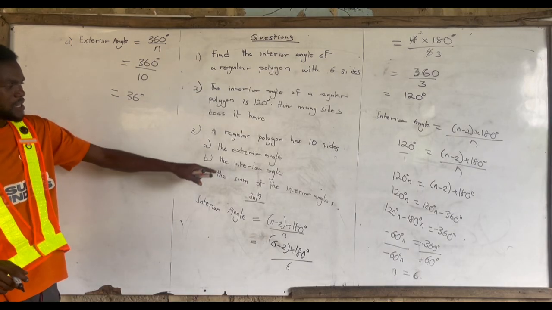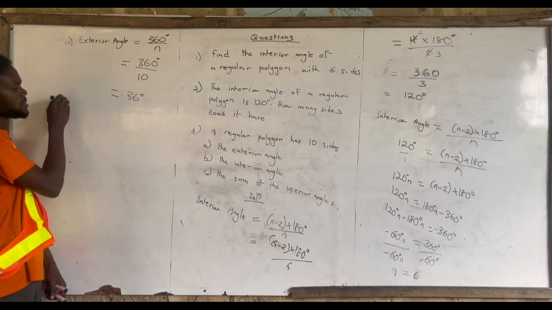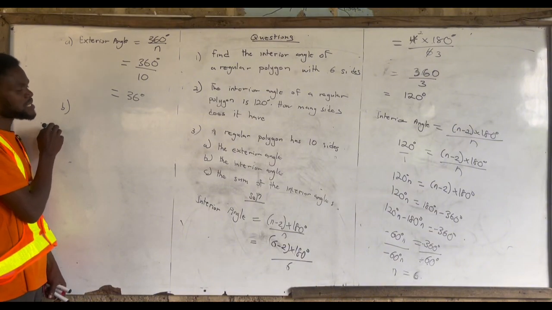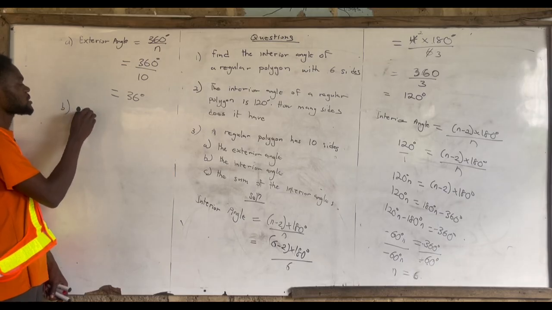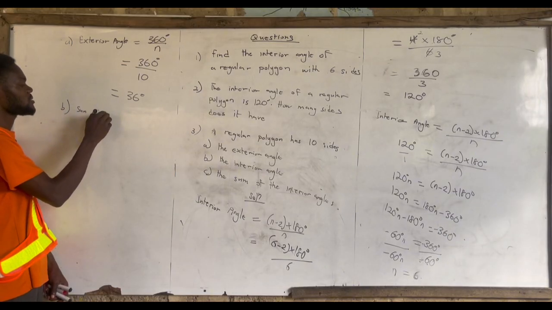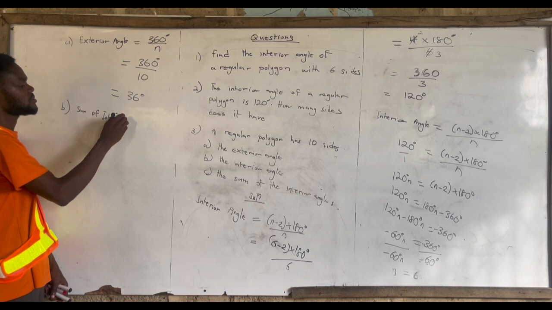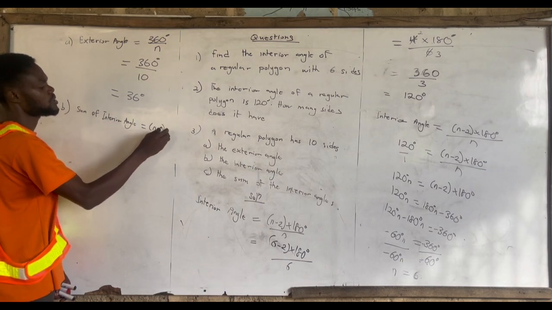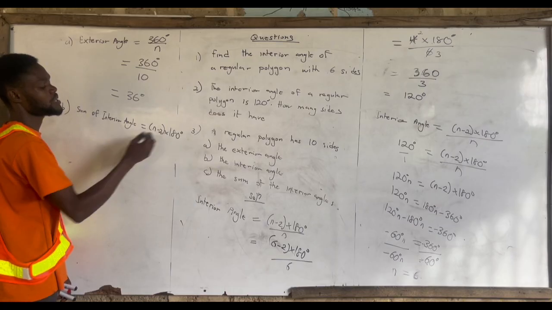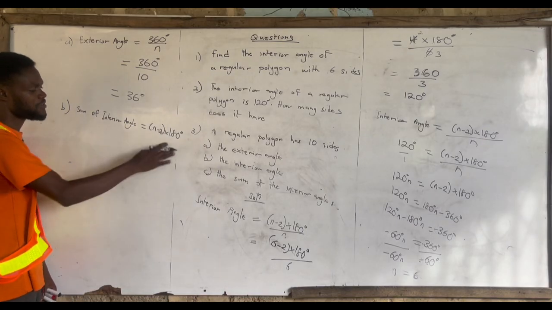We were asked to find the angle. The second one, B, is the sum of interior angles. We know that it is equal to n minus 2 times 180. The thing is, formula work. If you know the formula, you are free to go.